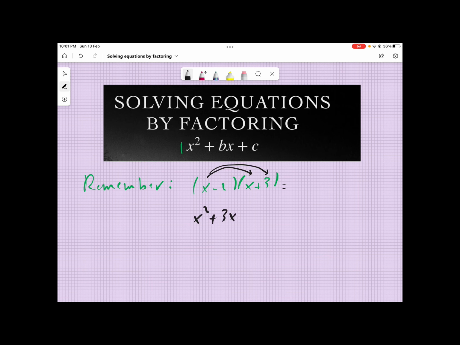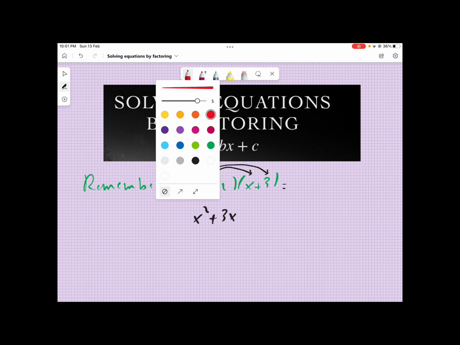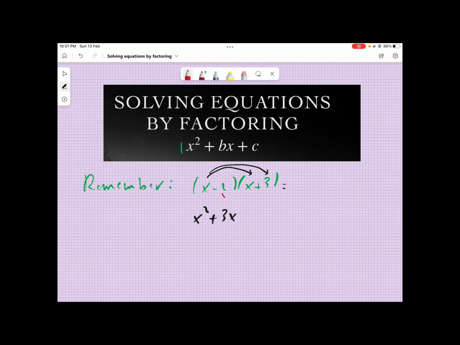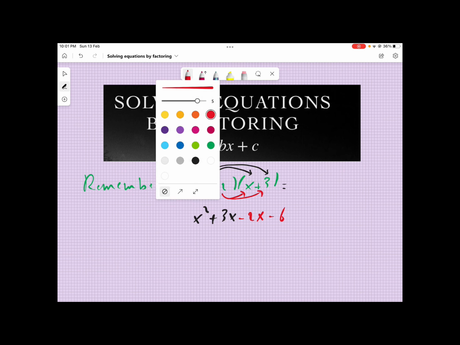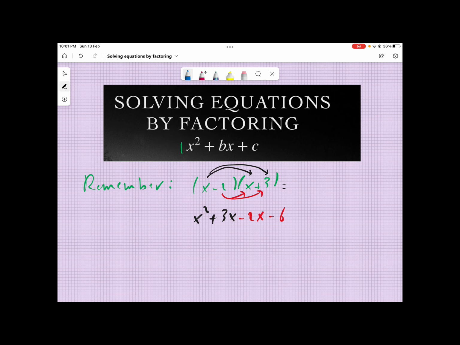X times 3 is 3x. Negative 2 times x, negative 2x, negative 2 times 3 is negative 6. Simplifying like terms, this is x squared, 3x and minus 2x is plus x, and minus 6.